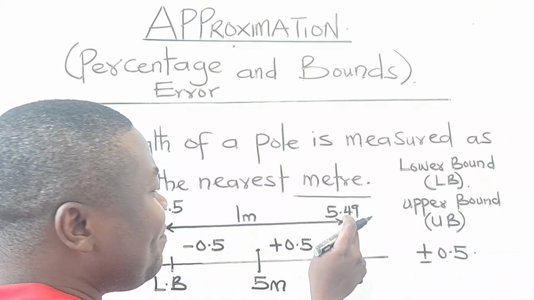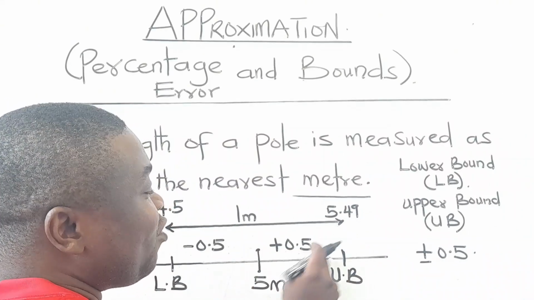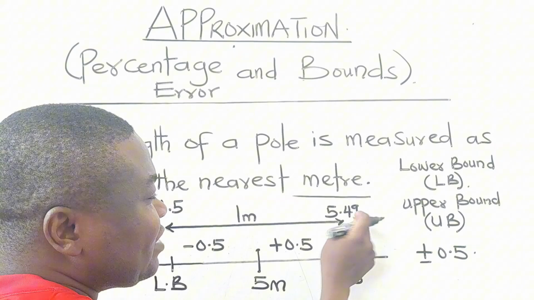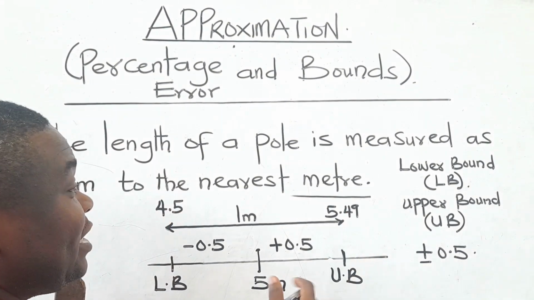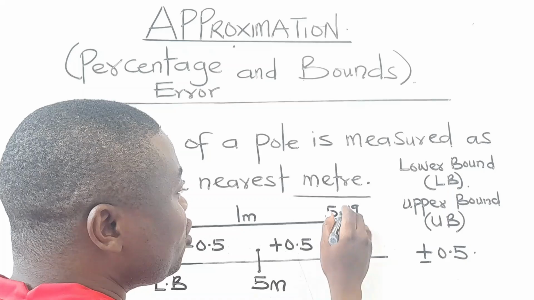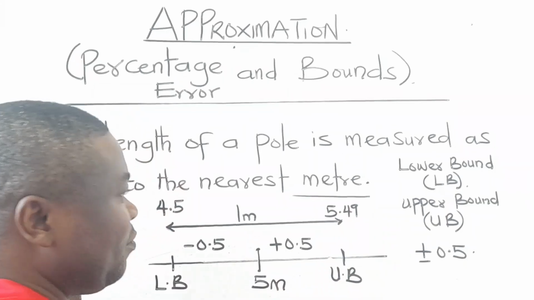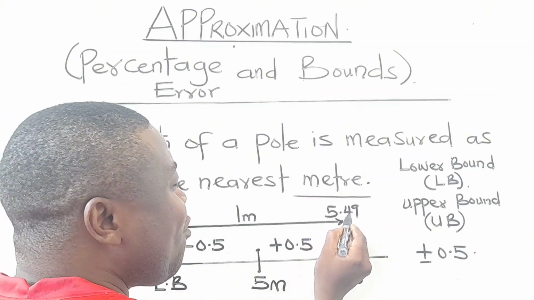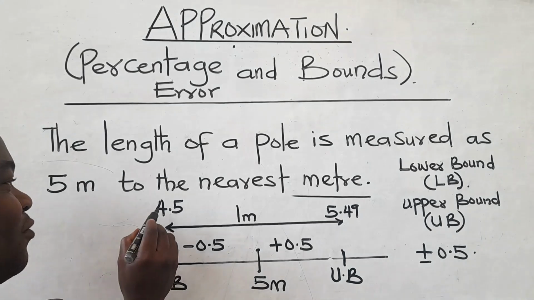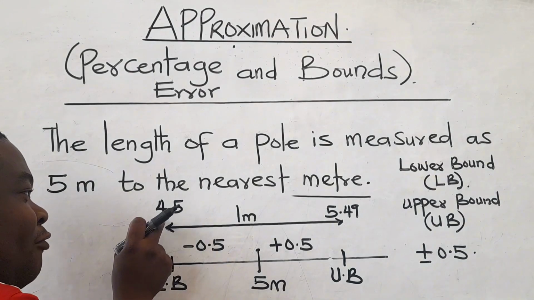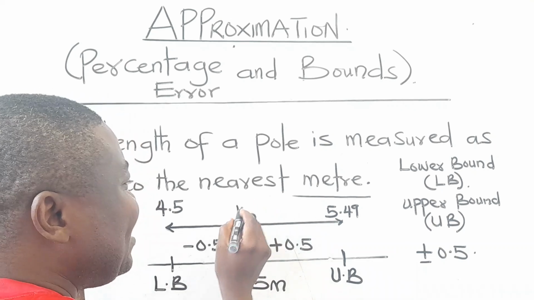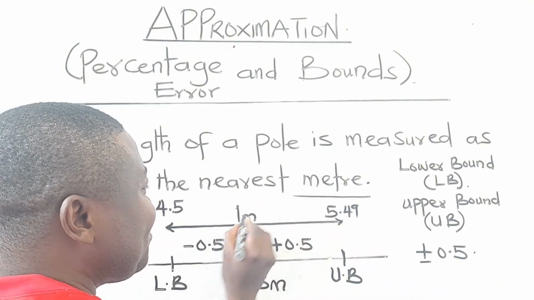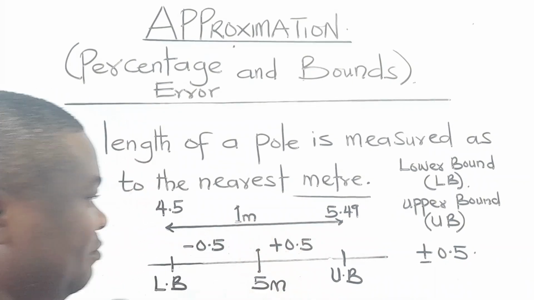The reason why we make it 5.5 is because the difference is so little that we can actually overlook the remaining. But it's actually 5.49 and this is 4.50, such that from 4.5 to 5.5, the difference is to the nearest meter, nearest 1 meter.